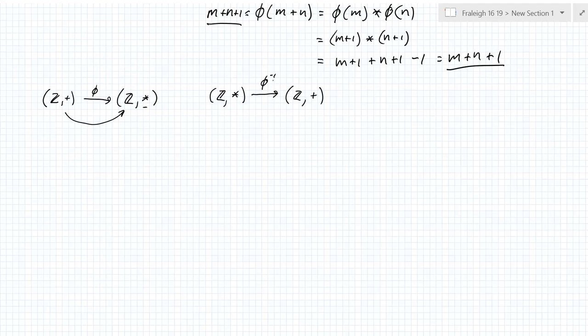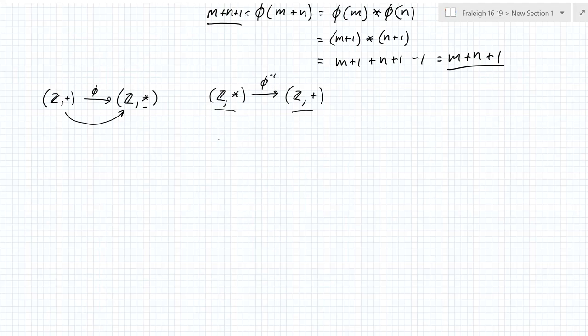So we're still using phi, which, since it's a 1-to-1 and onto map, has a unique inverse, so that we can still talk about making an isomorphism from Z with star onto Z with plus, with ordinary addition. Other than that, there's not very much interesting going on, but let's see what phi inverse does.